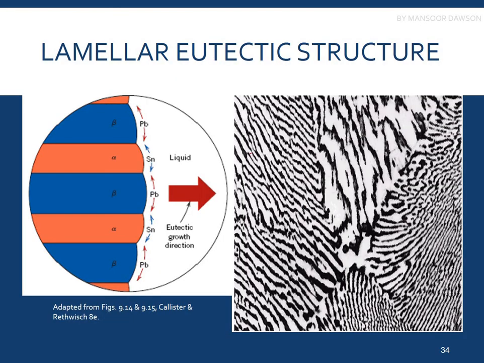Again, this is the micrograph, in which you can also see both phases. Beta is usually the lead-rich phase and alpha is the tin-rich phase, but not all lead and tin.